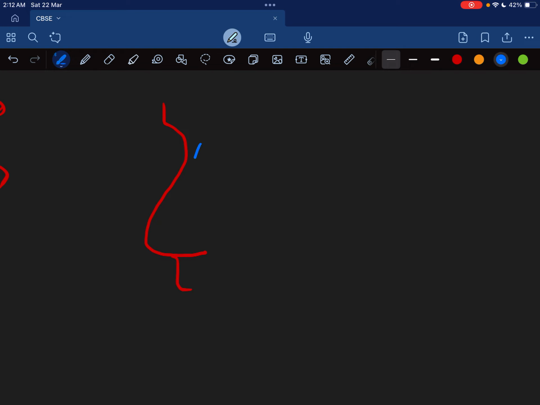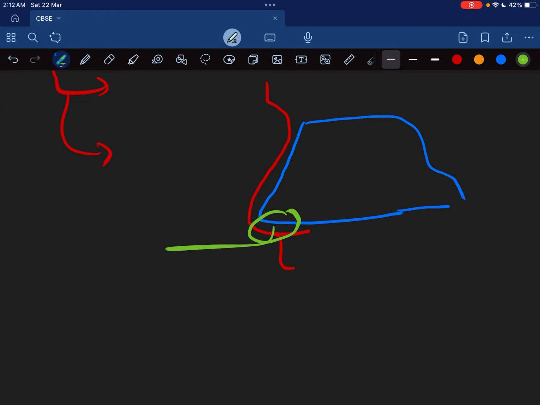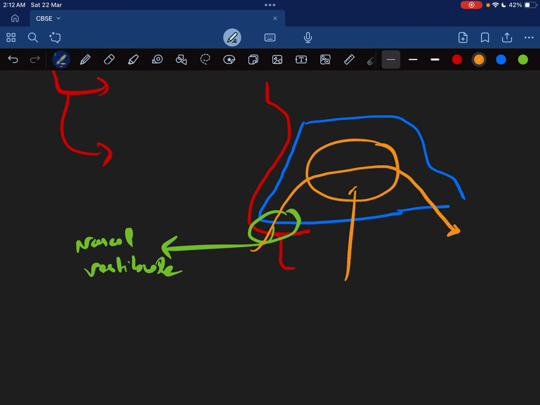This here is the nasal cavity. Here is the opening. This is called the nasal vestibule. And there is an airway pathway; this is called the respiratory zone.